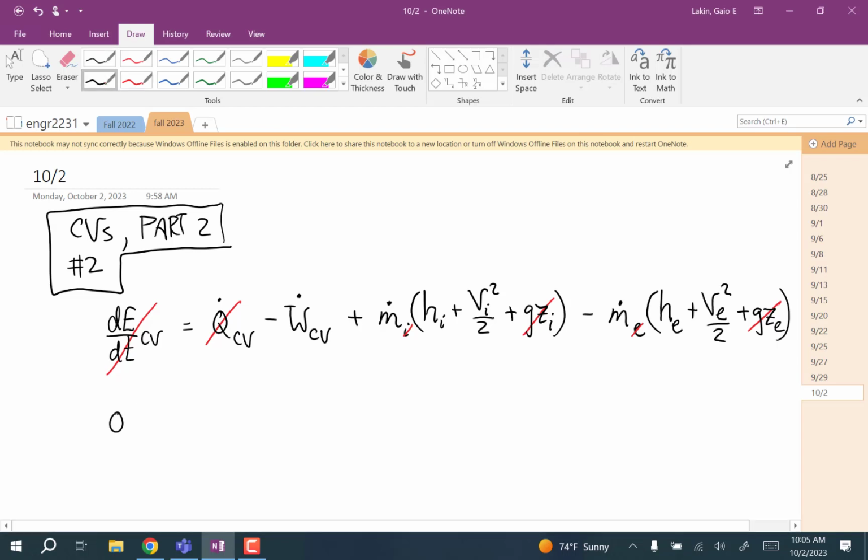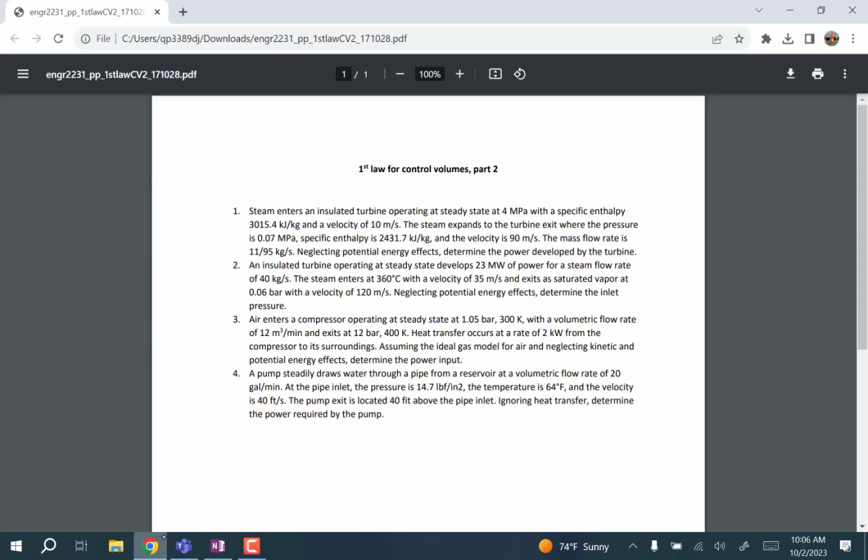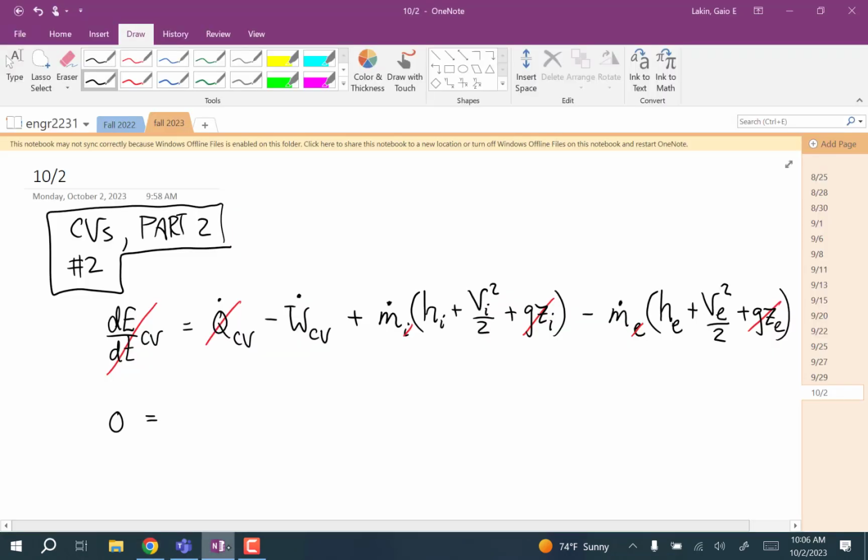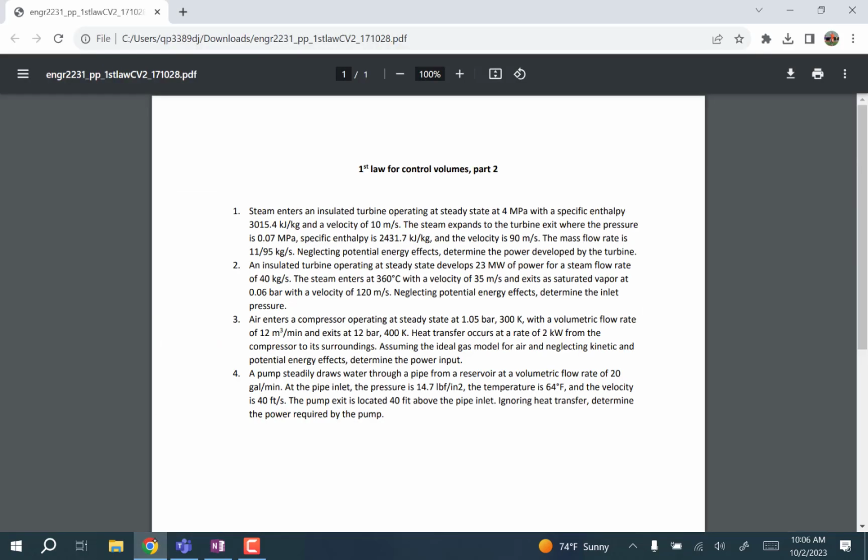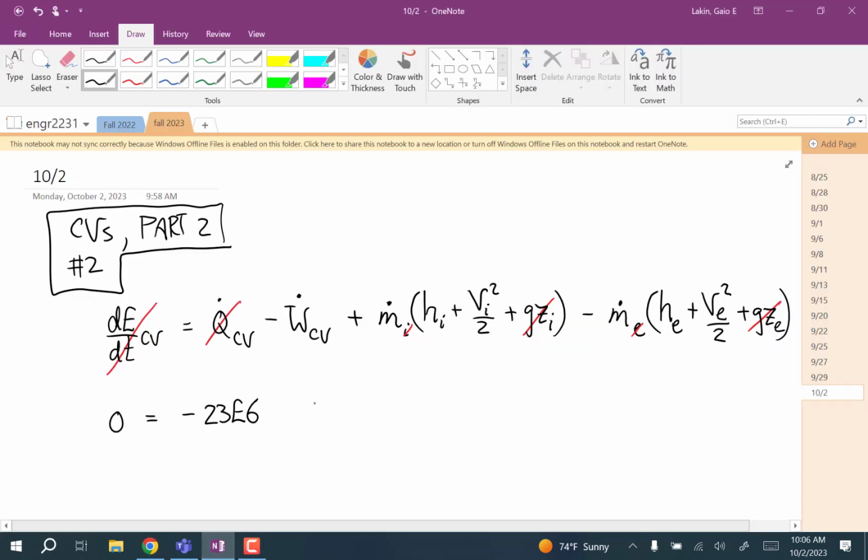So let's see, we got 0 is equal to the work done by the control volume, which is 23 times 10 to the 6th watts. The mass flow rate is 40 kilograms per second.